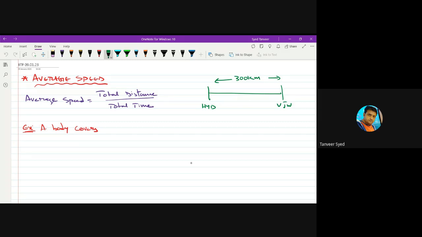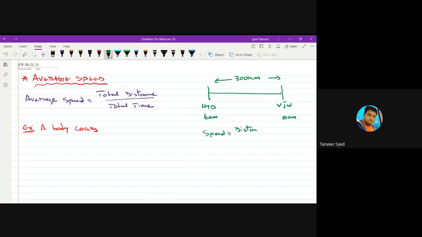Let us say you start at 6 a.m. in the morning and you reach Vijayawada at 10 a.m. If I ask you what is your speed, with what speed did you travel?